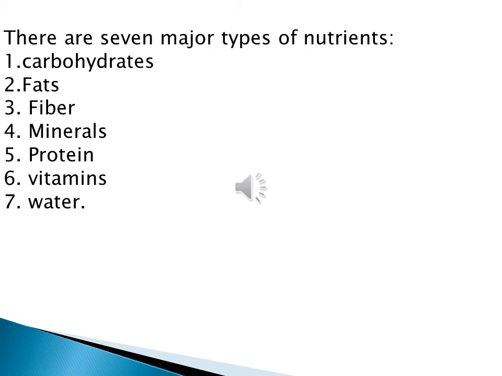Out of these nutrients, carbohydrate and protein are called macronutrients, meaning they are needed in bulk, in huge amounts, for building our body and giving energy. But minerals, vitamins, fibers and fat are called micronutrients. Micro means less, so they are needed in a very small amount.